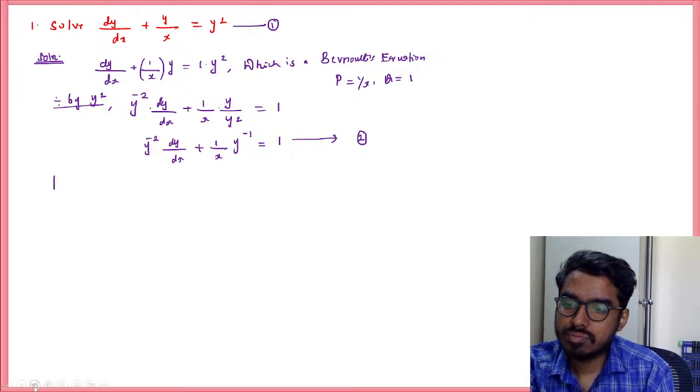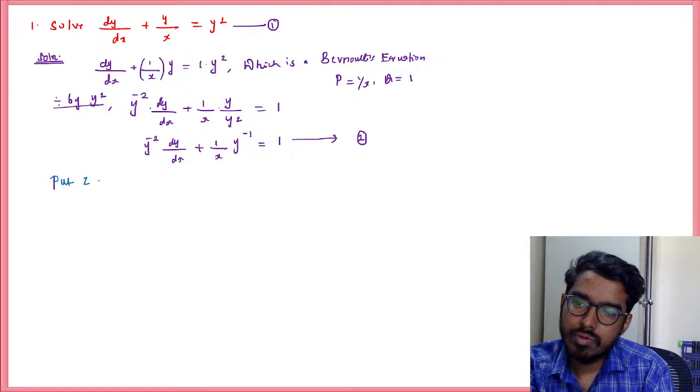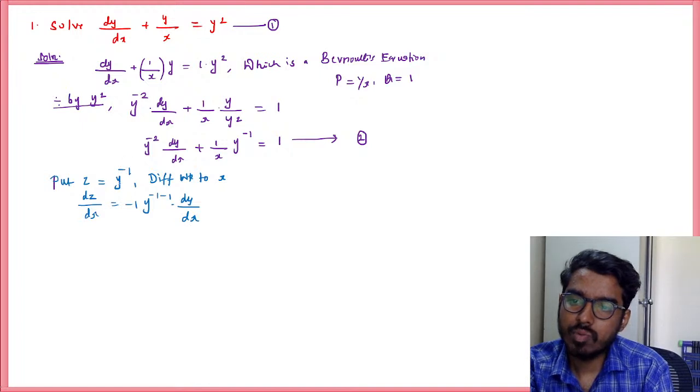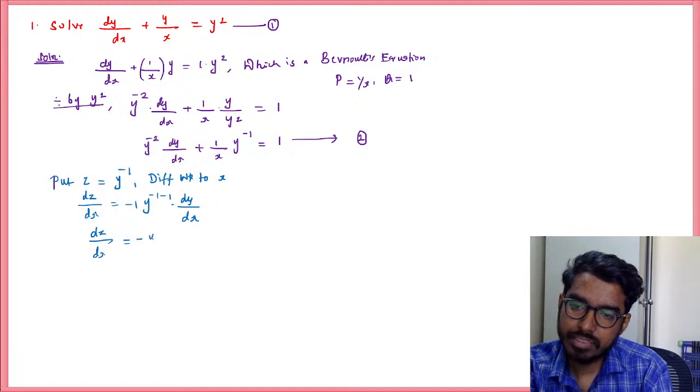So put z is equal to y power minus 1. So differentiate with respect to x. So this will be dz by dx is equal to minus 1 y power minus 1 minus 1 dy by dx, right? So minus 1 y power minus 2 dy by dx. This will be dz by dx is equal to minus y power minus 2 dy by dx.